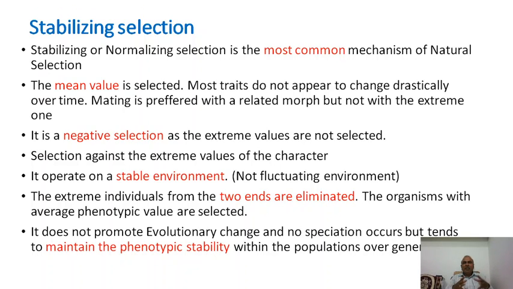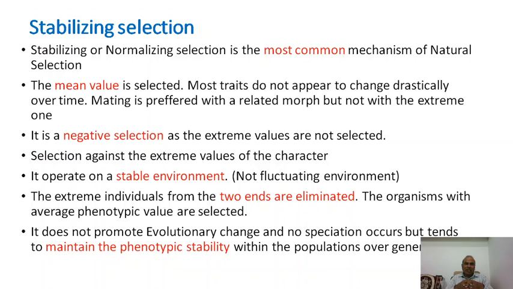In the case of human beings, we are all normal human beings, but sometimes Klinefelter syndrome or Turner syndrome also occur. But nature does not select Klinefelter syndrome and Turner syndrome because they have extreme values. It will prefer only a normal value individual.